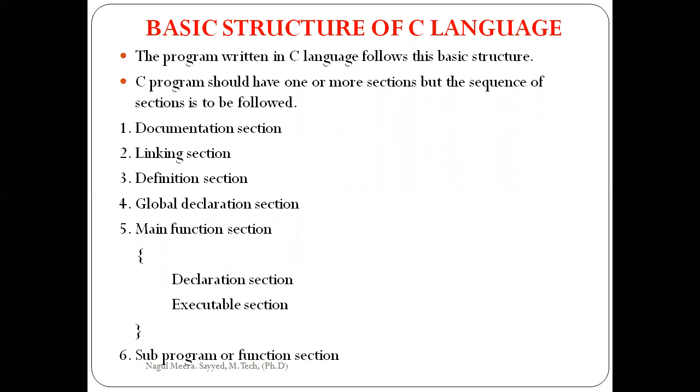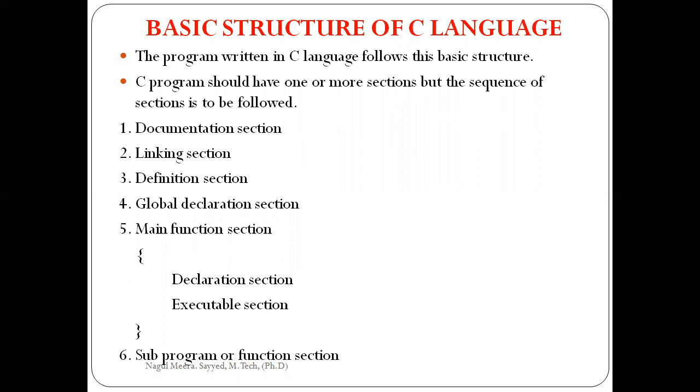So the second section and fifth section are compulsory for a C program. The remaining 1, 3, 4 are optional. When we require, we use these sections in our program. This is about the basic structure of C language.